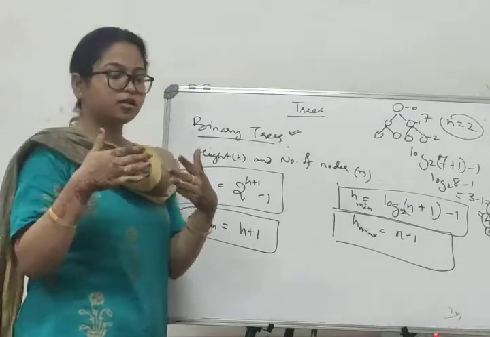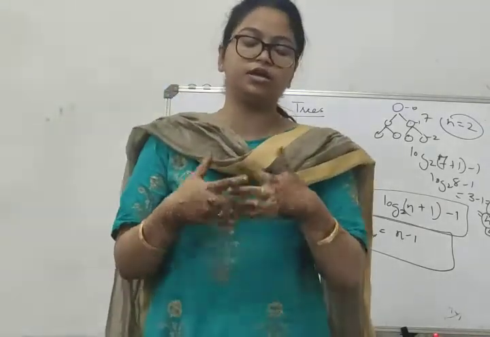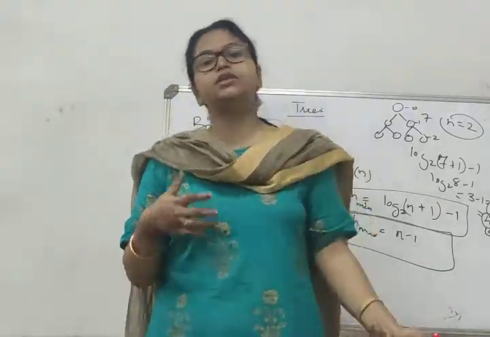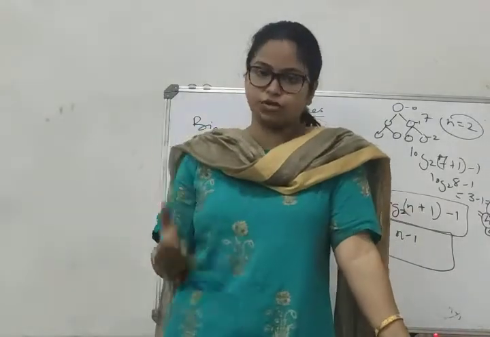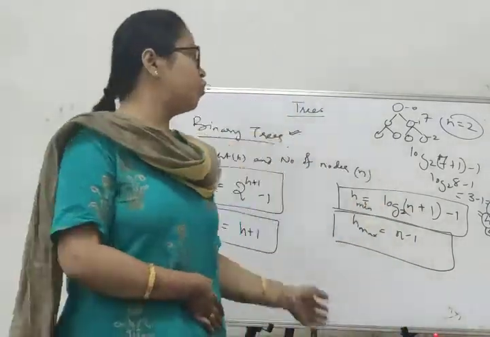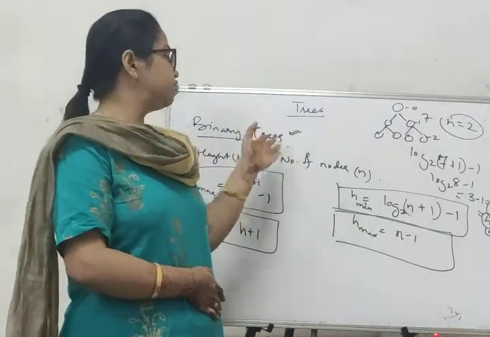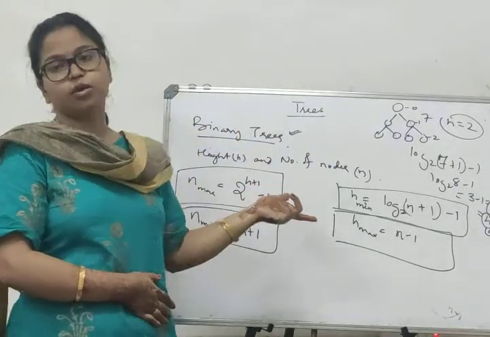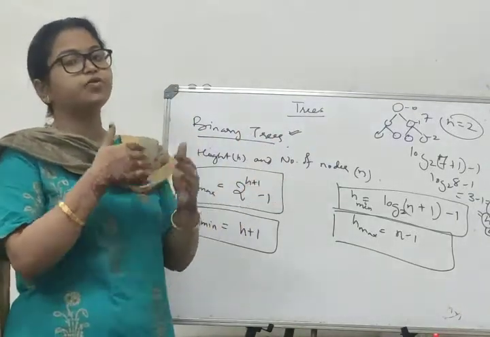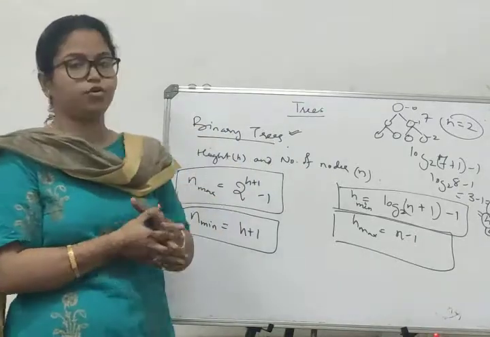So we will just revise what we studied in the introduction. This is an introduction class to tree and some basic terminology we discussed, and a few formulas, like given the number of nodes, the relationship between height and nodes has been provided. Okay.